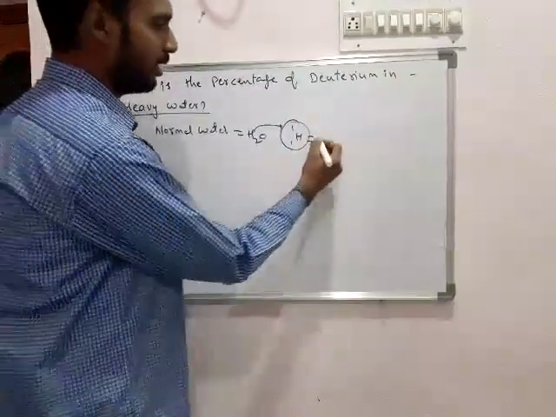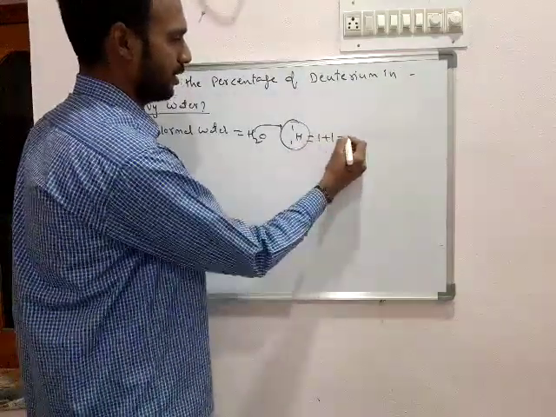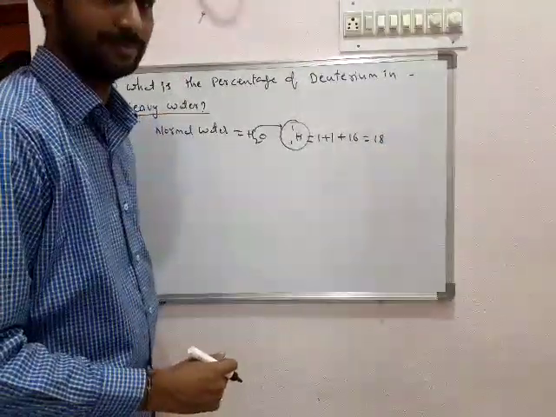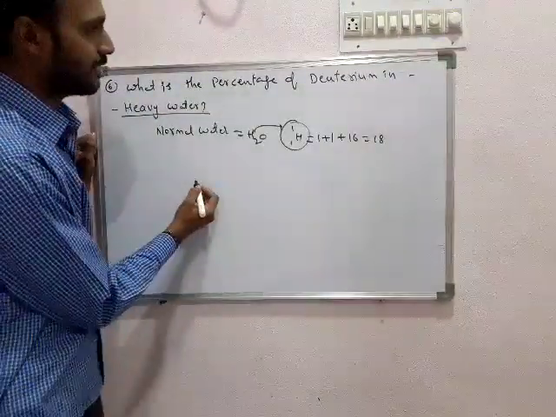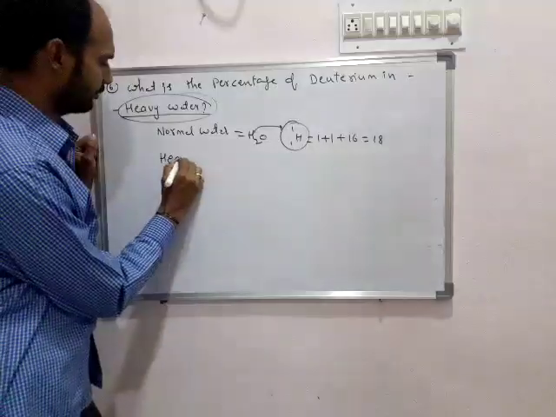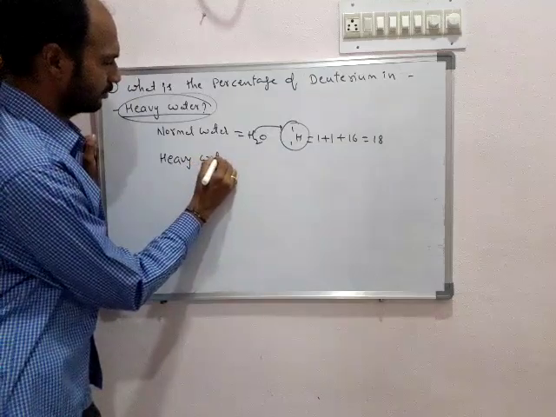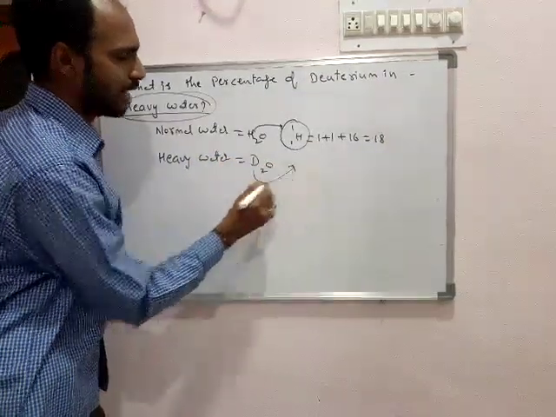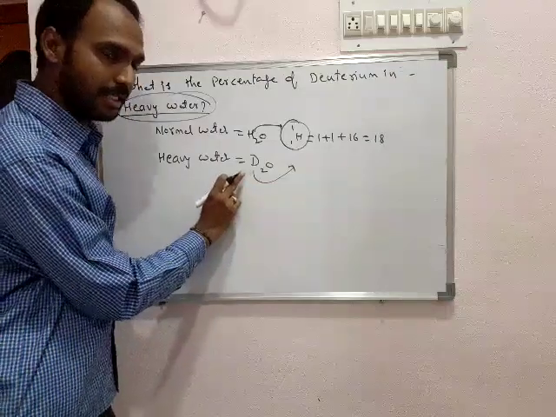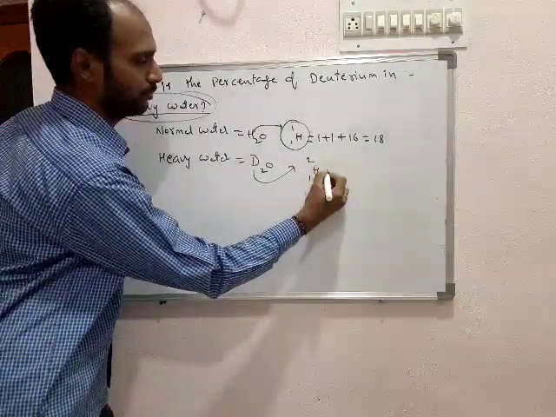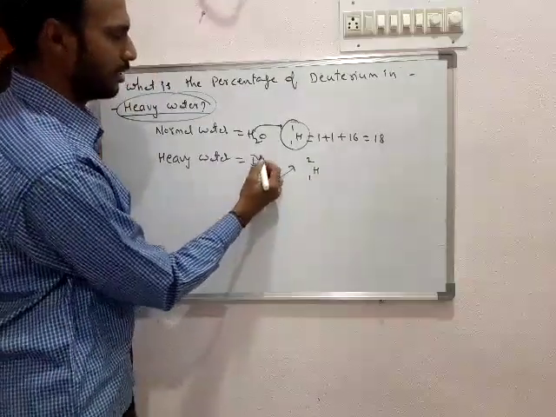So we know their molecular weight is 1 plus 1 plus 16, that becomes 18 units or 18 grams. Here it is given that in heavy water, so heavy water means D2O, meaning the hydrogen isotope present in heavy water is deuterium, that is H-1-2.